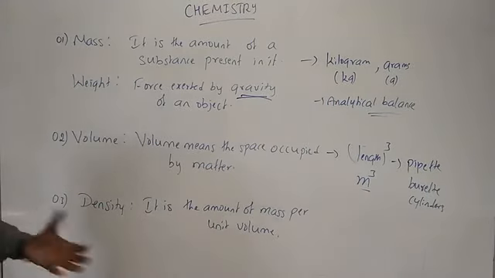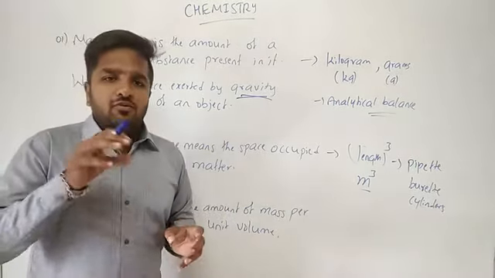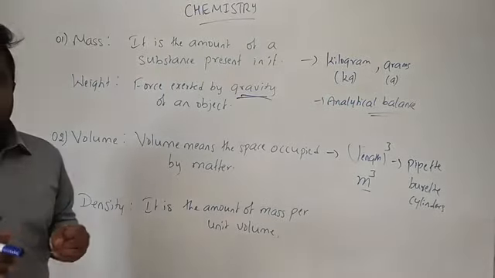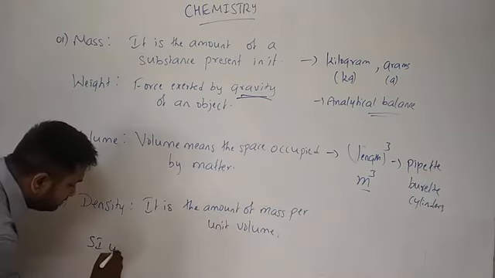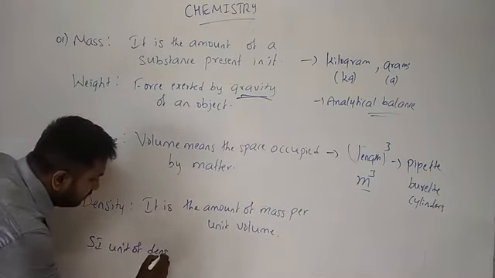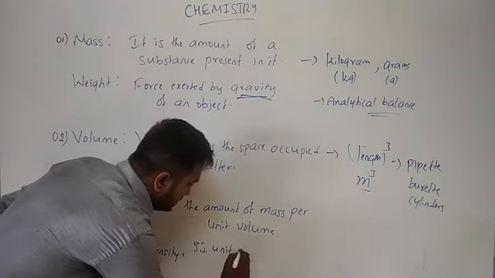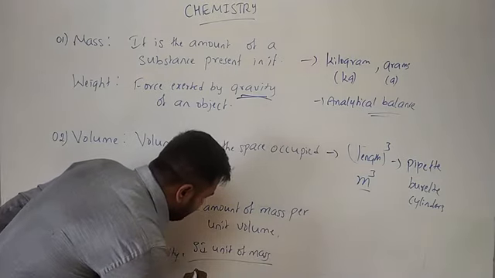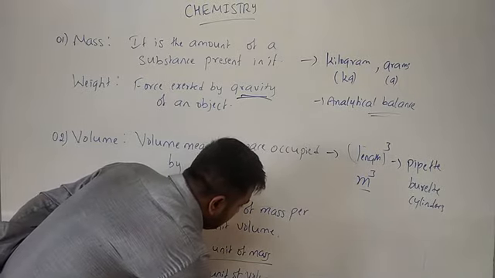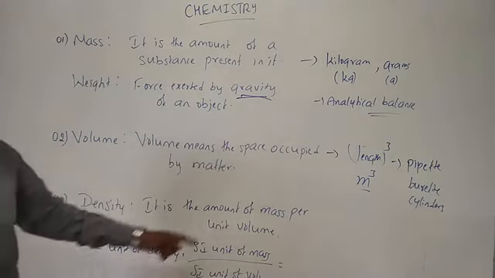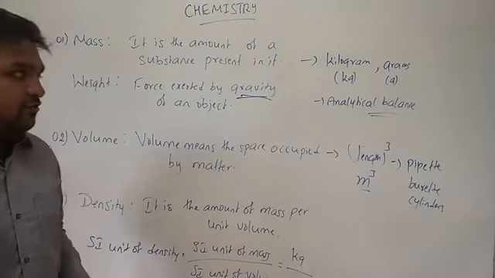So density is the amount of mass per unit volume. At a particular volume, what is the mass of a particular matter? That is density. So the SI unit of density is the SI unit of mass by the SI unit of volume. What is the SI unit of mass? It is kg, and what is the unit of volume?